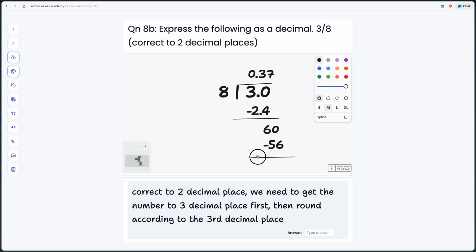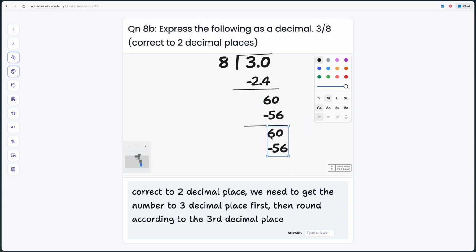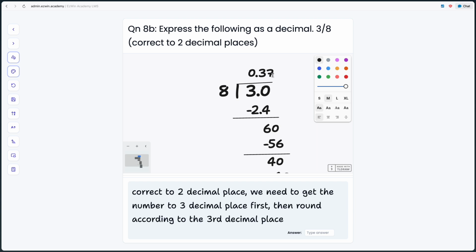So let's put here 5, 6 will give us 40, and 40 over here. 40 minus 40 will be 0. So 0.375. So we want to correct to 2 decimal places.